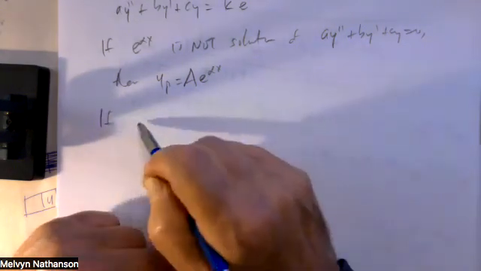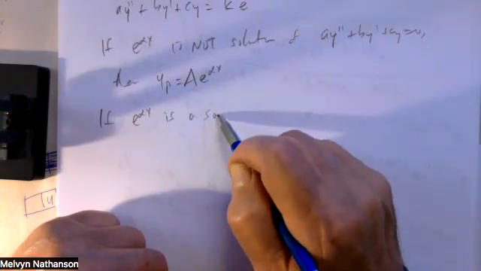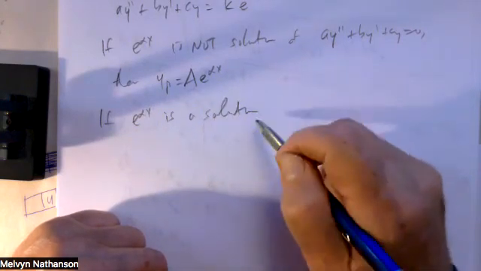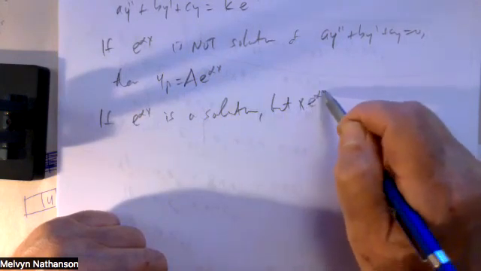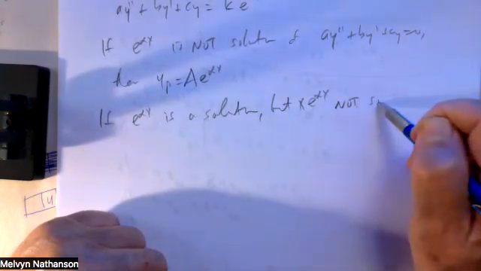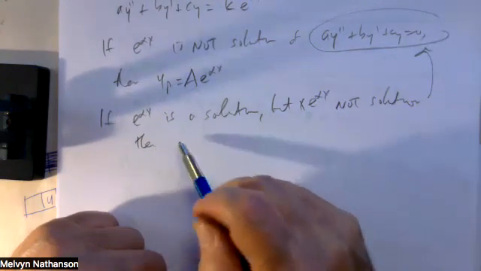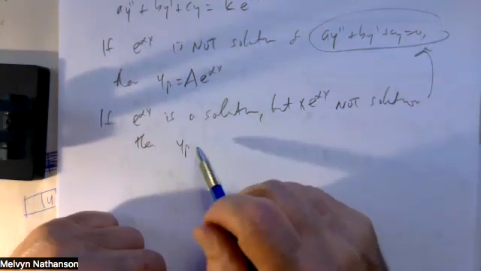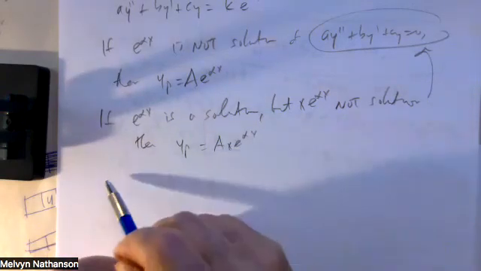Now, the second case is if e^(αx) is a solution, but xe^(αx) is not a solution of this equation, then there will be a particular solution of the form y_p = Axe^(αx).